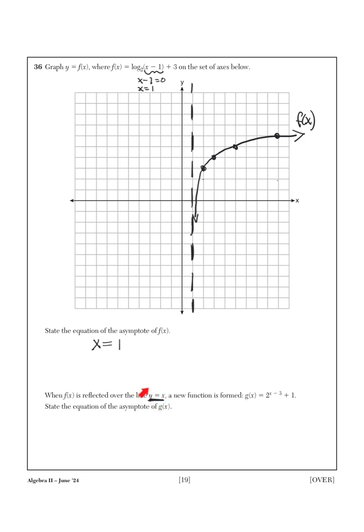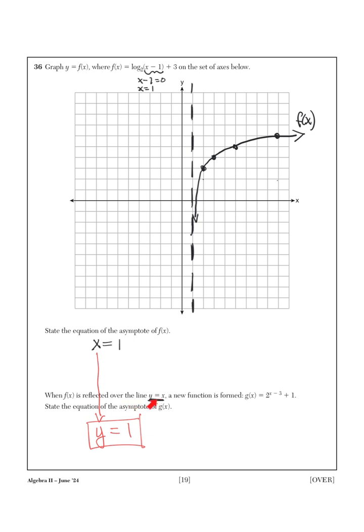You should hopefully remember that when you reflect something in the line y equals x, that's an inverse, and an inverse means to switch the x and the y. If x equals 1 is the original function's asymptote, then all you have to do is switch the x and the y. So in other words, that's an x; well, in the inverse, it's a y. And that's your answer. I'm going to repeat that one more time just to make sure you got it.